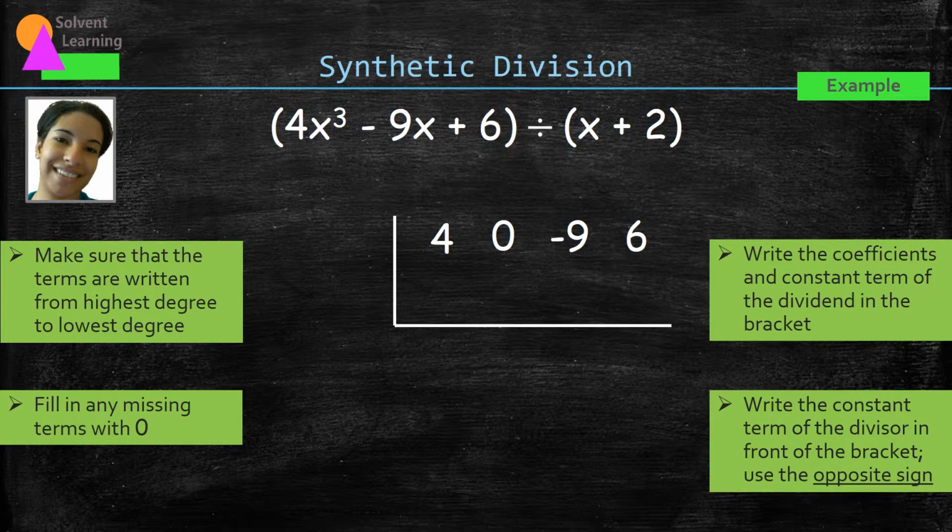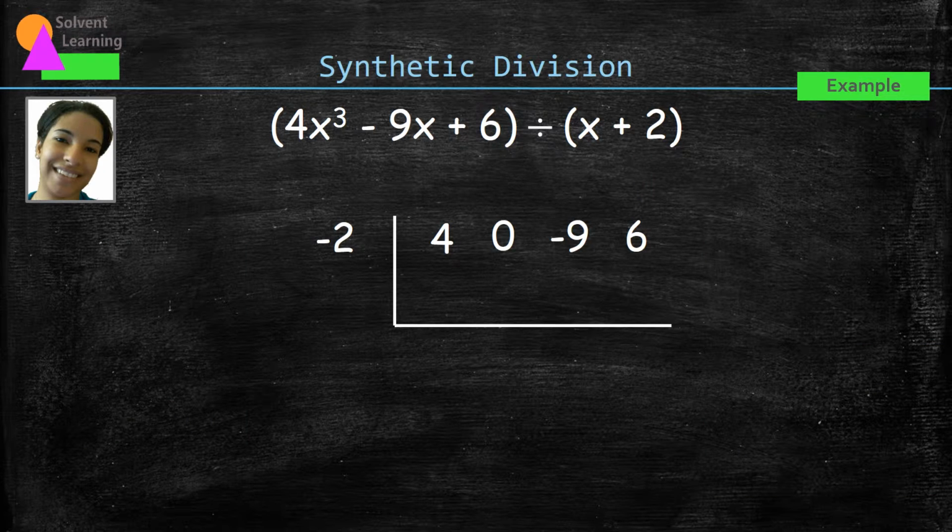Now we can write the constant term of the divisor in front of the bracket, and we need to use the opposite sign of that term. So our constant term is a positive 2. We're going to change it to the opposite sign, which would make it a negative 2, and we write it in front. So here's what our synthetic division problem will look like when it's set up.